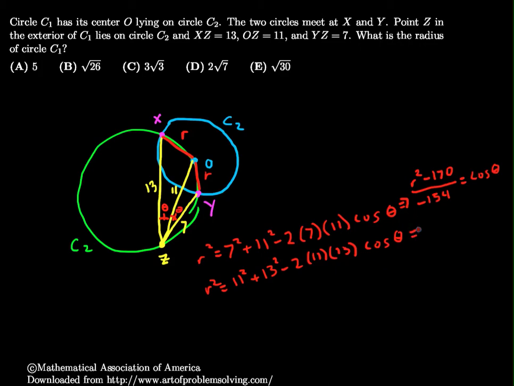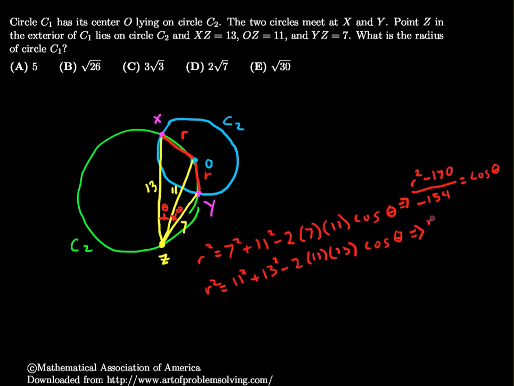And this one down here, I will get 11 squared, which is 121. 13 squared is 169, so that should give me 121 plus 169, which is 290. Let me double check. Yes, 290.